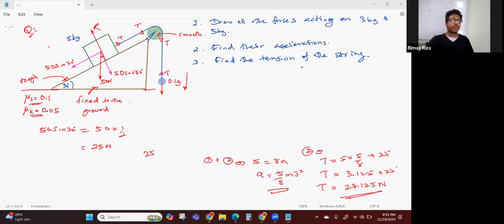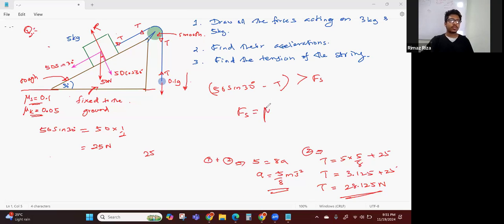Suppose the net force acting on this mass is actually this 50 sine 30 minus the tension. So if this value is less than fs, then it won't accelerate, right? So in order to accelerate, this value should be greater than fs. So the first thing you have to get an idea about is the value of fs.